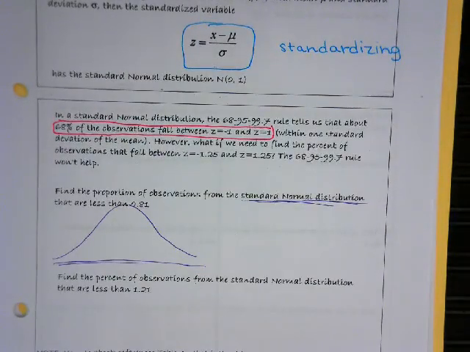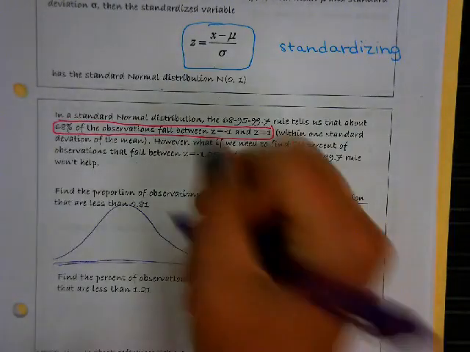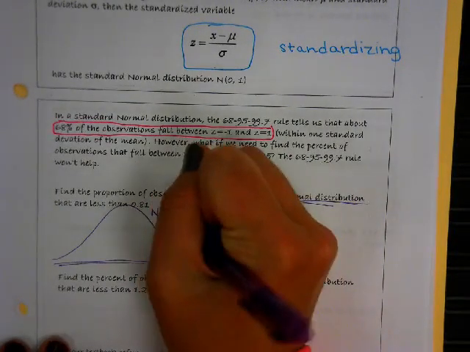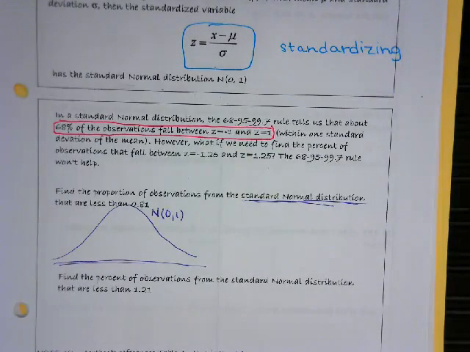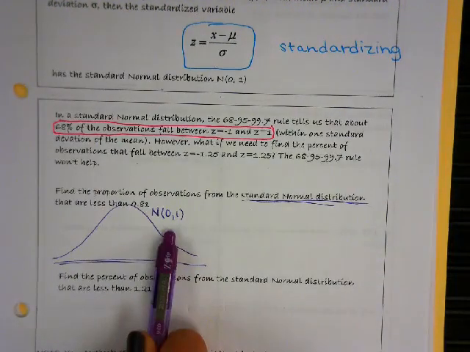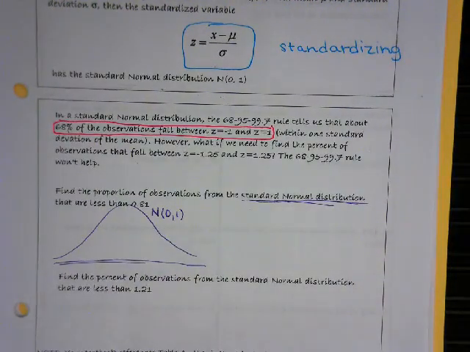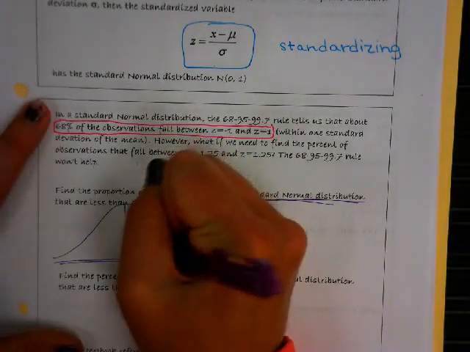Because as ugly as my normal curve looks, that's going to tell whoever's grading your exam that it's a normal curve. So then we're going to put our labels down: 0 at the center, 1 standard deviation above, 2 above, 3 above, 1 below, 2 below, and 3 below.